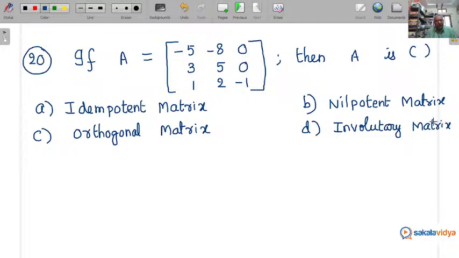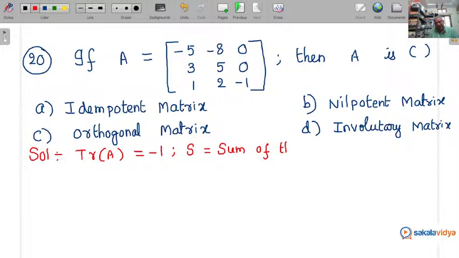I have already given the concepts of idempotent, nilpotent, involutory matrix as well as orthogonal matrix. So first try to find the characteristic equation, the corresponding equation to the given matrix. So my dear students, first of all find trace of A. Trace of A means sum of the principal diagonal elements. Minus 5 plus 5 cancel, minus 1. Next find S. S means the sum of the cofactors of the principal diagonal elements.